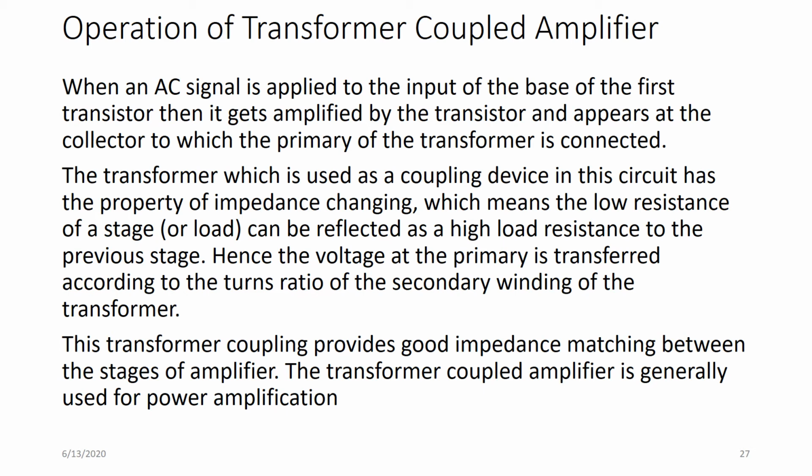Hence the voltage at the primary is transferred according to the turns ratio of the transformer. This transformer coupling provides very good impedance matching between the two stages of the amplifier. The transformer coupled amplifier is generally used for power amplification.